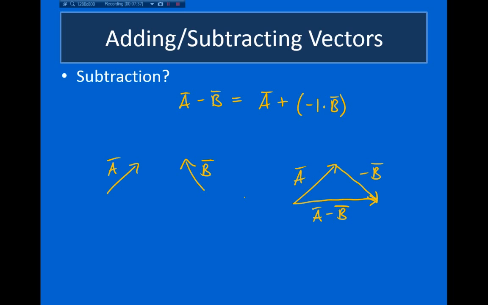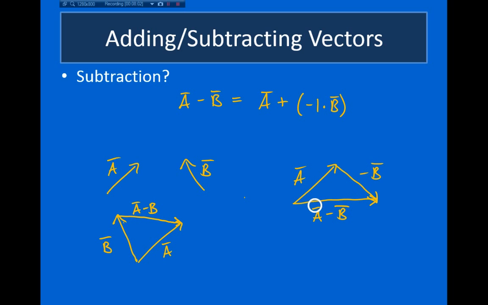Now, there's another way that we can do this. If I draw vector A, and then I draw vector B so that they're head to tail, so this is vector A and this is vector B, then A minus B points from B to A. Right, so we can see that this vector here is really the same thing as what we have here.